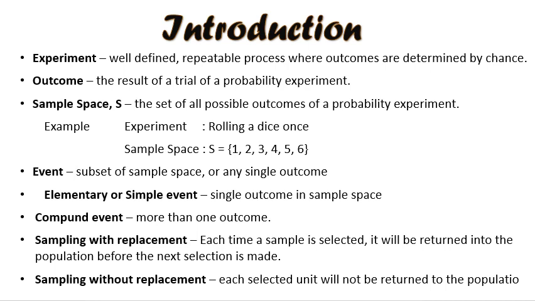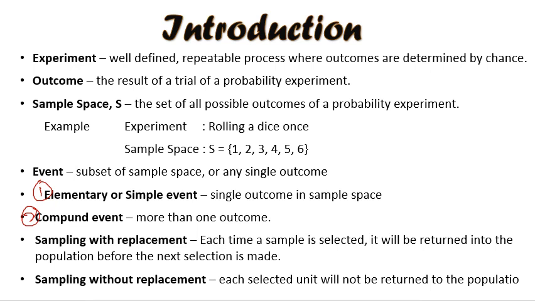An event is a subset of the sample space or any single outcomes. Elementary or simple event is a single outcome in a sample space. We have two events, first elementary or simple event, second compound event.